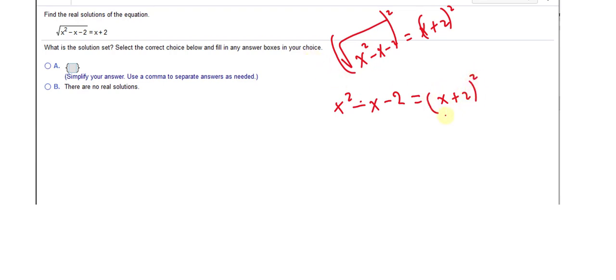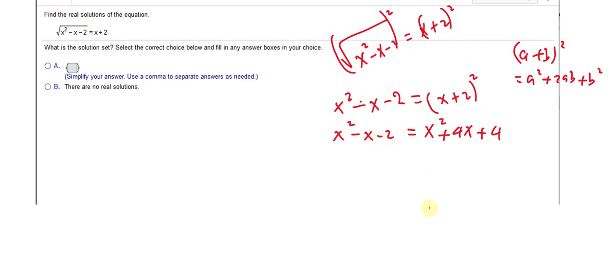Now you can expand this out, using the formula a plus b squared equals a squared plus 2ab plus b squared. So I get x squared plus 2 times 2 times x, that is 4x, plus 2 squared, that is 4. That is the right hand side.